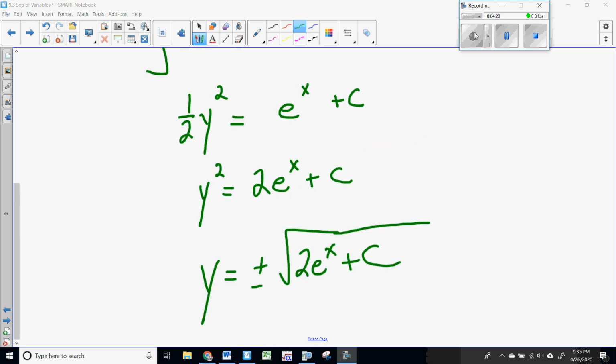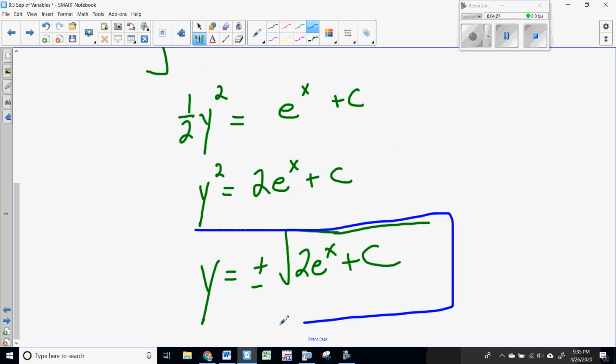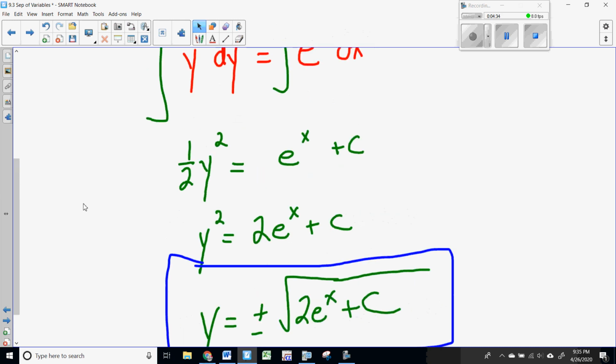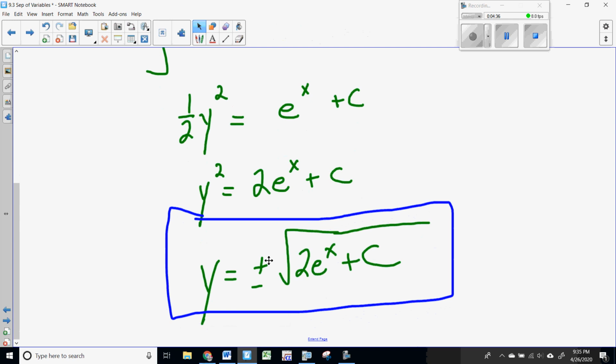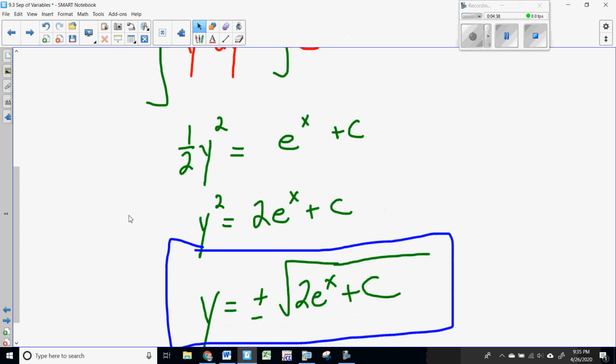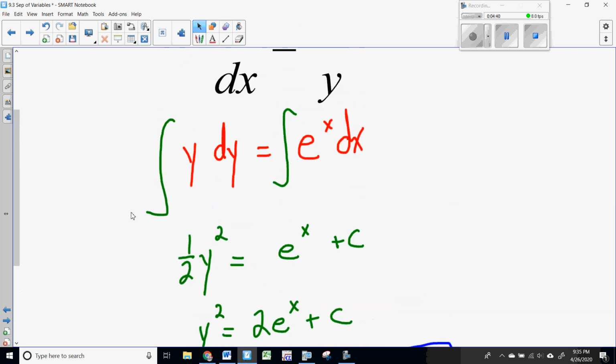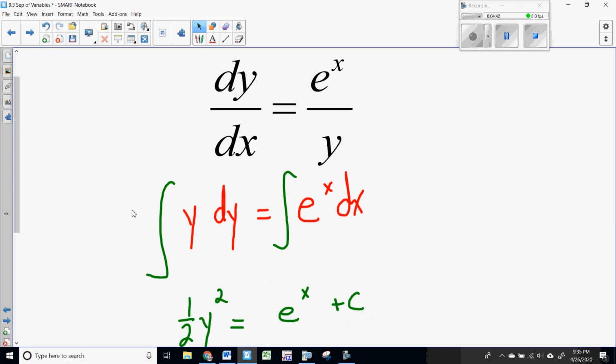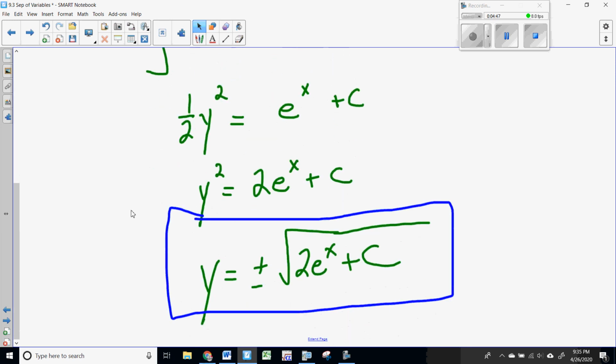So that is our solution for this differential equation. Now, we don't have an initial condition, so it's perfectly okay to leave c in our solution. Many times, if this was a real-life differential equation related to something in the real world, maybe it can't be negative, so we can get rid of the negative. Maybe it's not, so for right now, we'll just leave it at plus or minus.